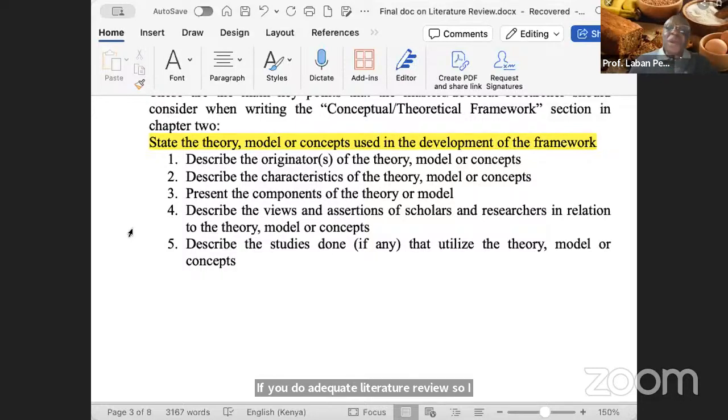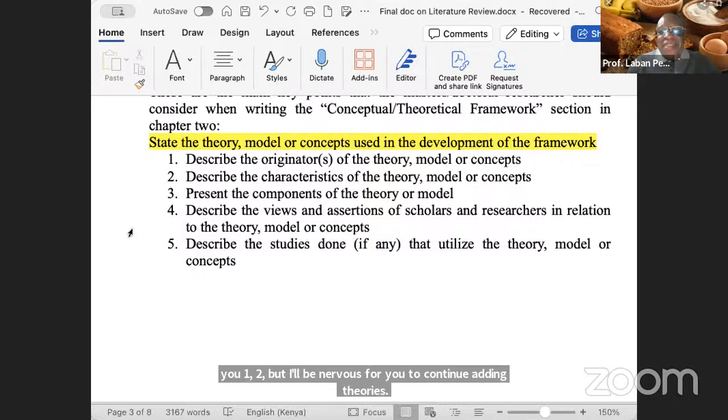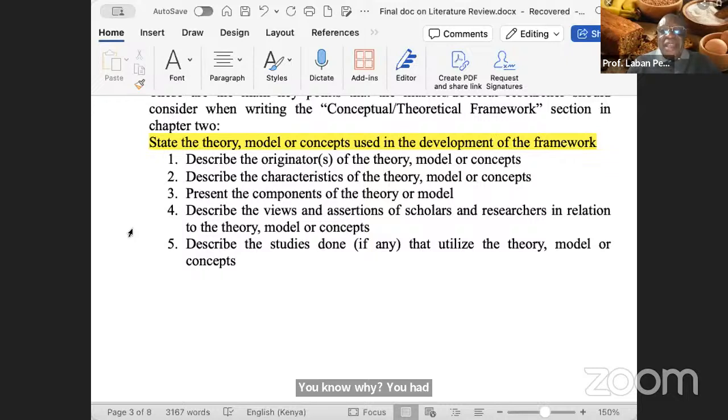So I can't tell you 1, 2, but I would be nervous for you to continue adding theories. Because you know why? You are actually expanding the variables of the study, and therefore your objectives and research questions, the sub-items for the questionnaires, you'll end up with a very big tool. So I'll be very careful, and I want to leave that to you and your supervisor. Next.